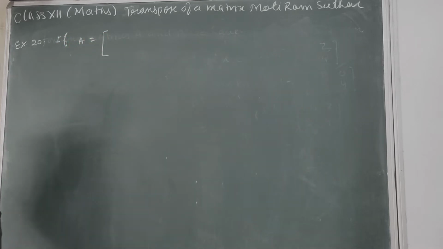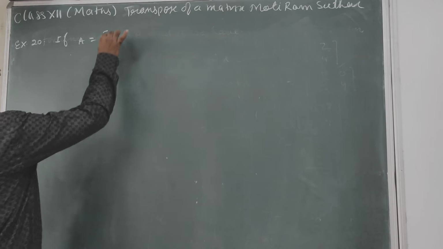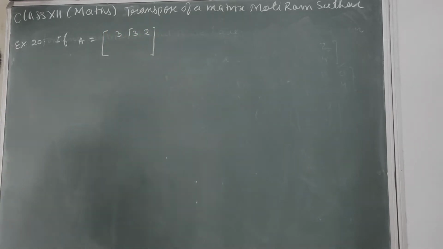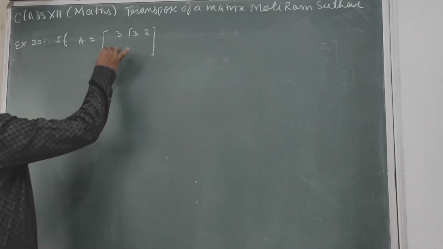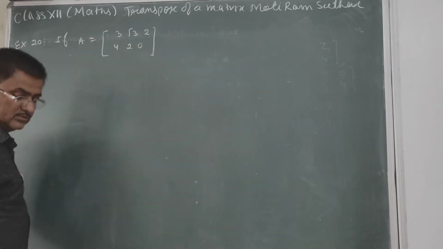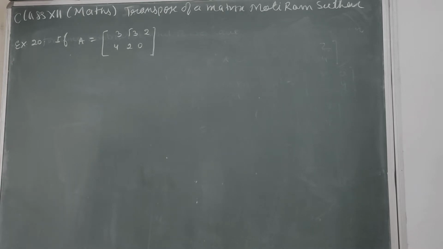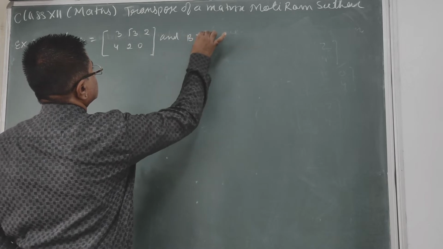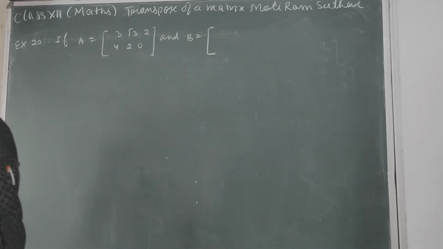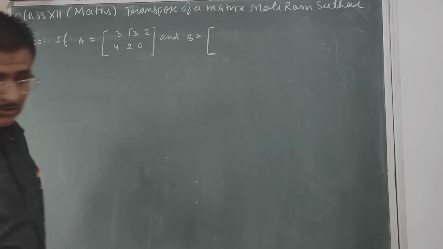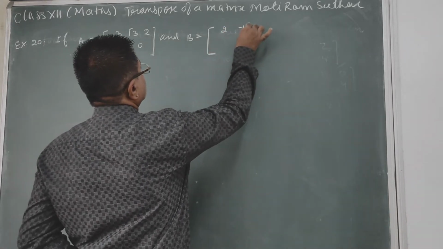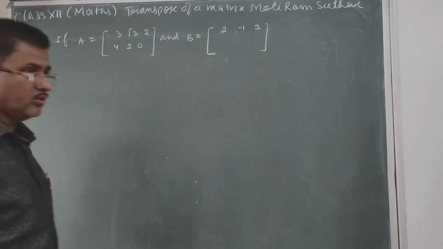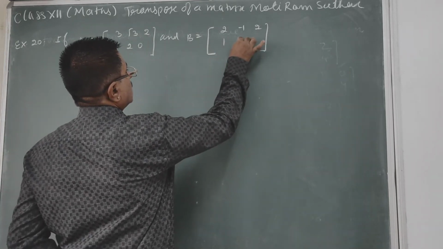A equals the matrix with first row 3, root 3, 2 and second row 4, 2, 0 (4 2 0). And matrix B with rows 2, minus 1, 2 and 1, 2, 4.